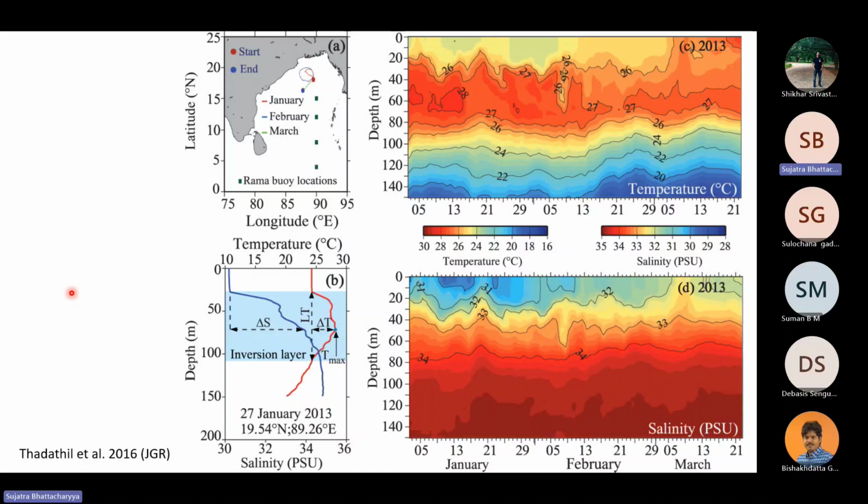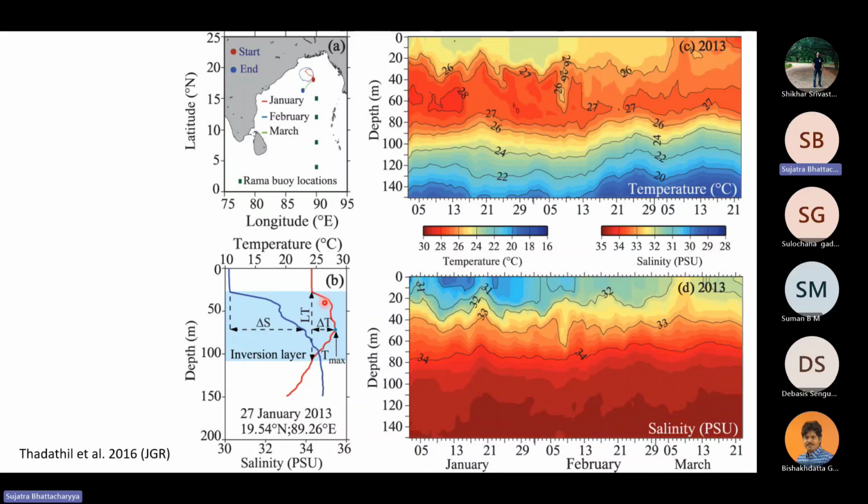The isothermal layer minus the mixed layer depth gives you the inversion layer. The isothermal layer extends up to 110 meters, and subtracting the mixed layer depth, which is around 20-25 meters, will give us the inversion layer.